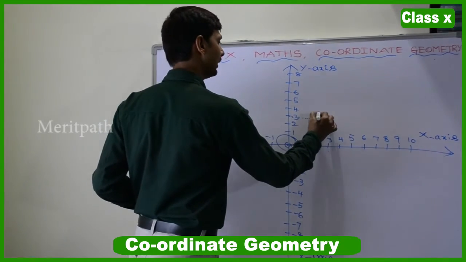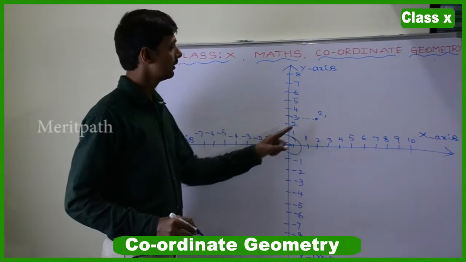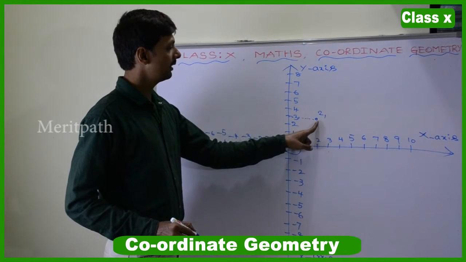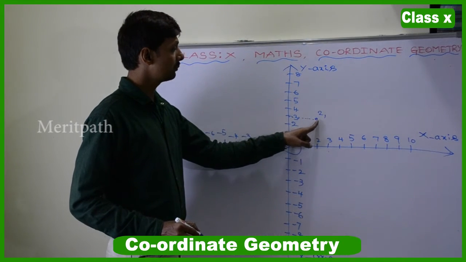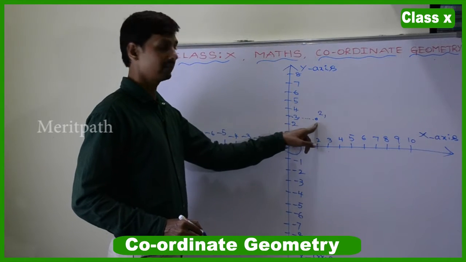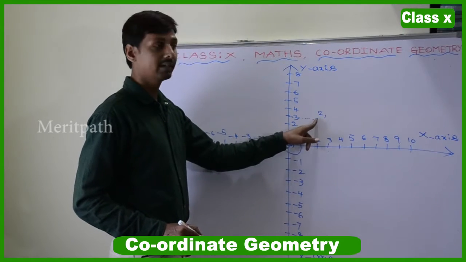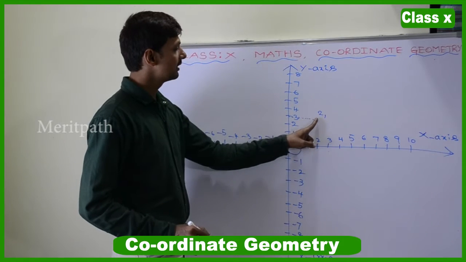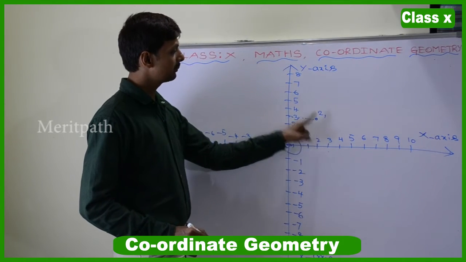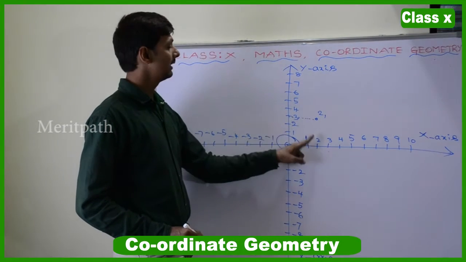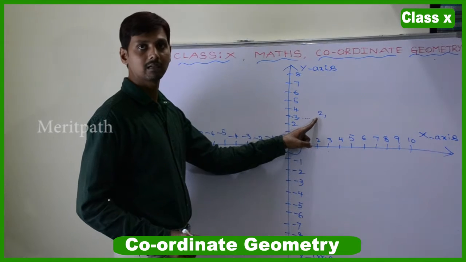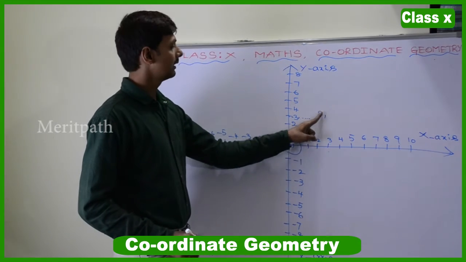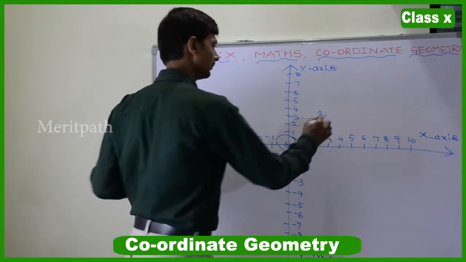This is the x-coordinate, which is 2, because the distance of the point from the y-axis is 2.